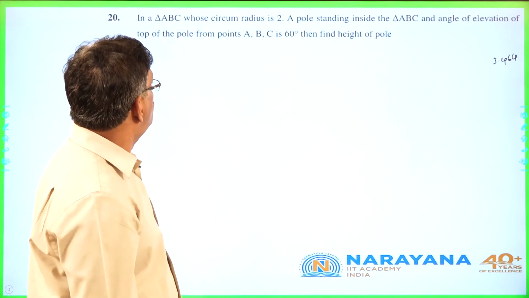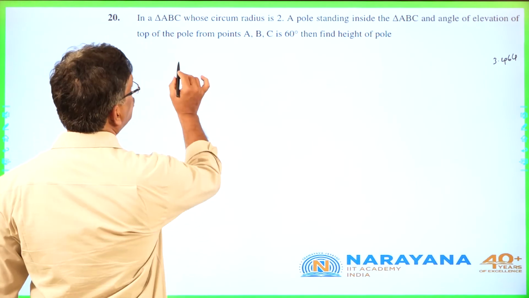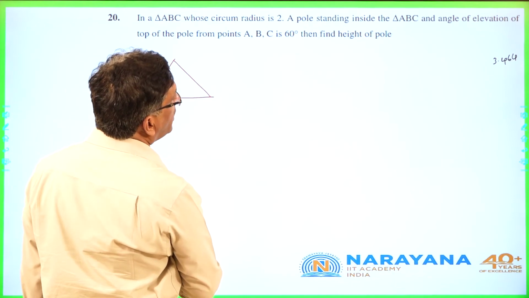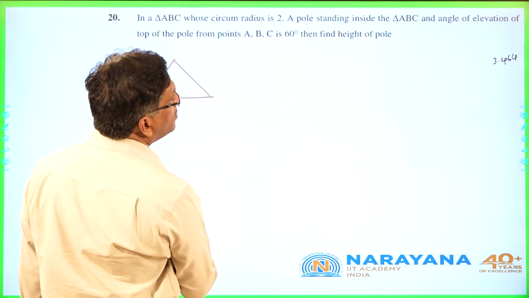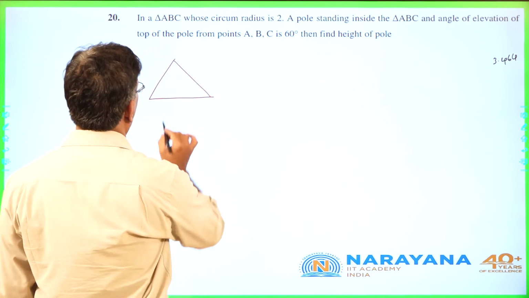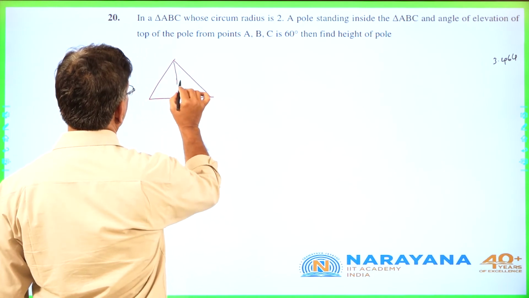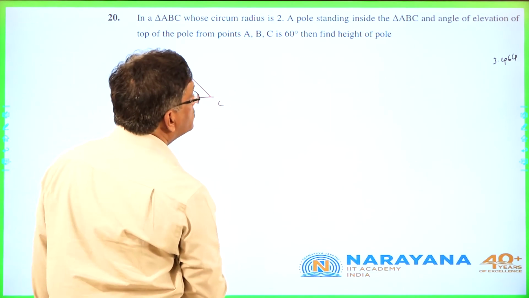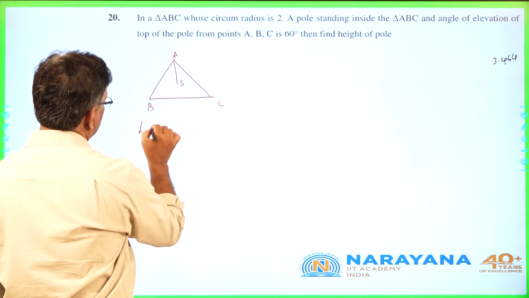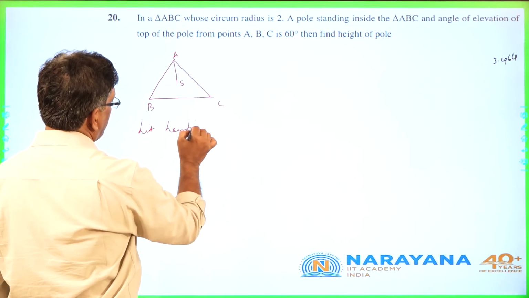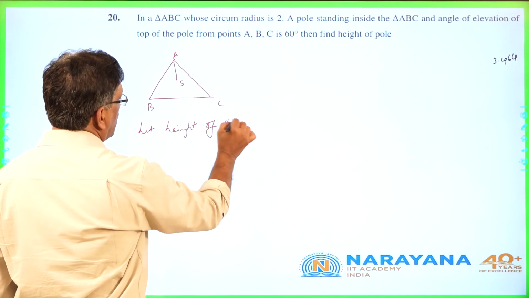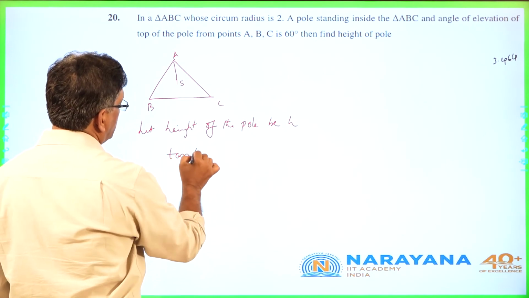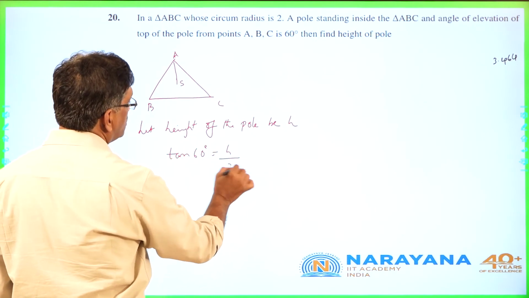In a triangle ABC whose circumradius is 2, okay, a pole standing inside the triangle ABC and the angle of elevation of the top... okay, that is nothing but, let the height of the pole be h, then tan 60 degrees is h by 2.